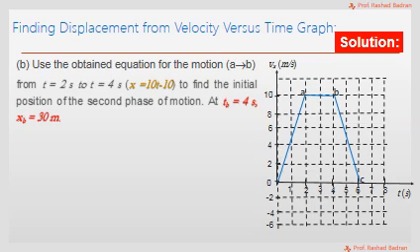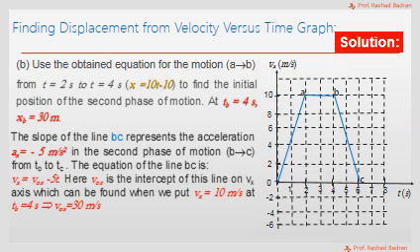By substituting t equal 4 seconds, you're going to get xB equal 30 meters. And then from the slope of the straight line BC, we're going to get the acceleration, and this slope gives us minus 5 meters per second squared.